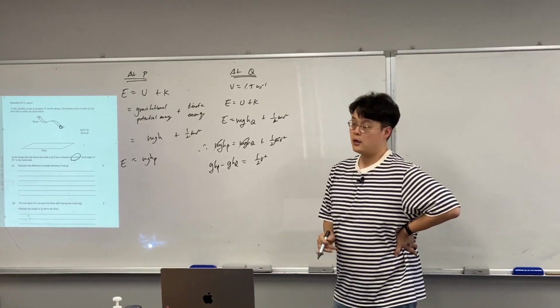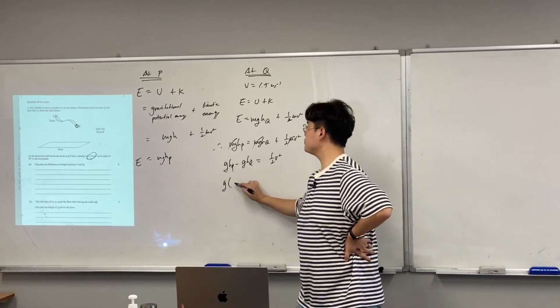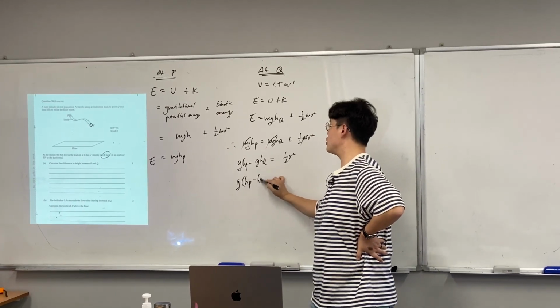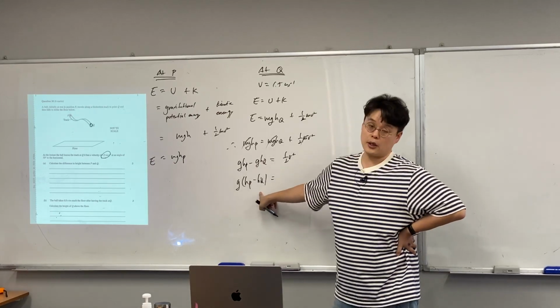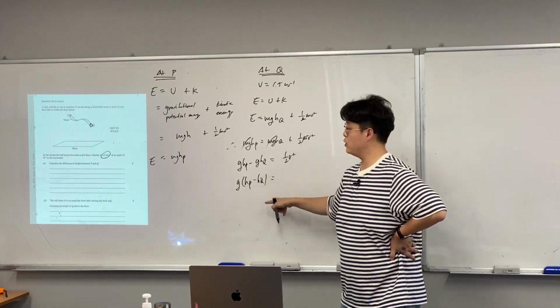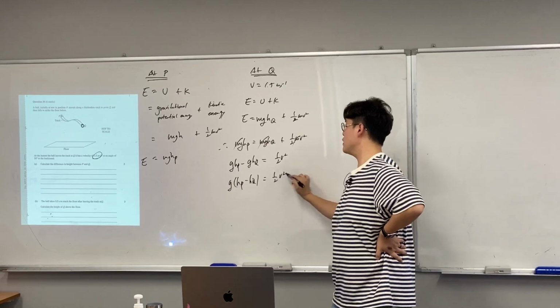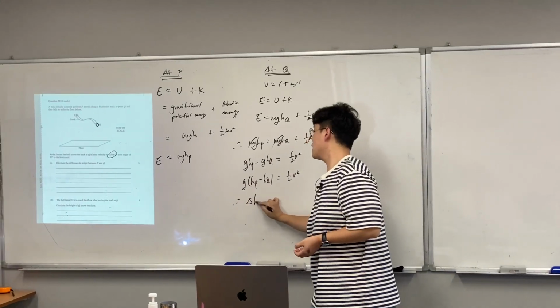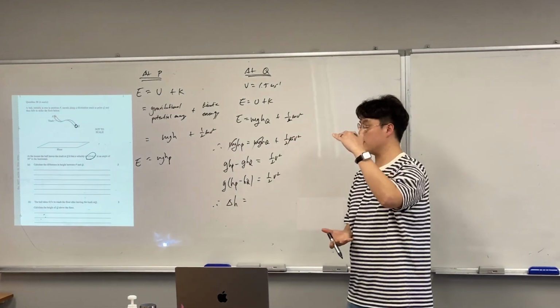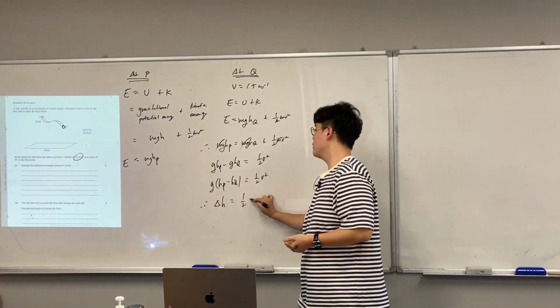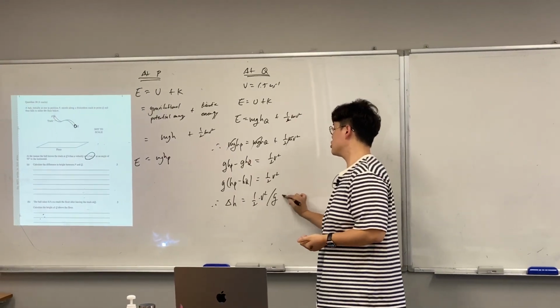Remember the g comes out, then you get hP minus hQ. That's the change in height from P to Q, which equals half of v squared. Therefore, the change in height, which is the actual height between P and Q, is half of v squared divided by g.